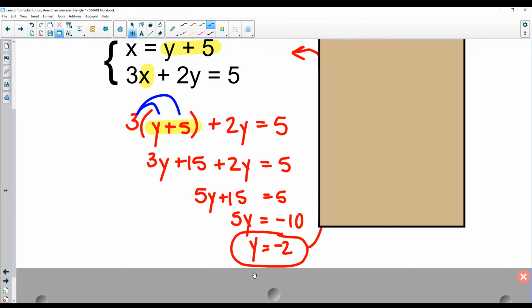We get a solution for y. So we find that y is -2. So great, we are half done, maybe even more than half done. All right, now we have to go find x.